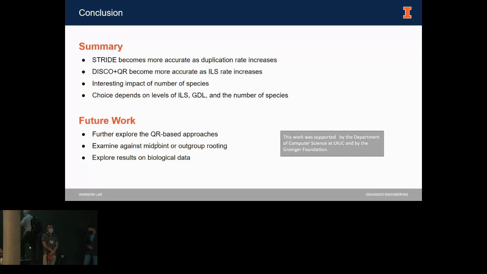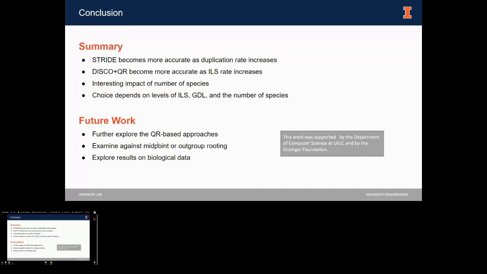Okay, yeah. How QR works is that it uses the topology of quintets. So it's entirely topology based, and the distances don't have a great effect on it either way.